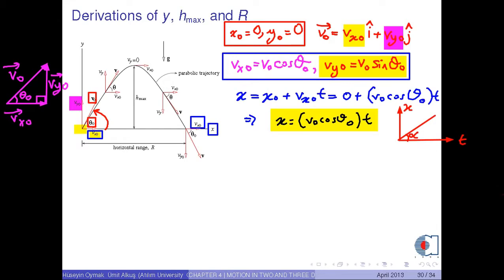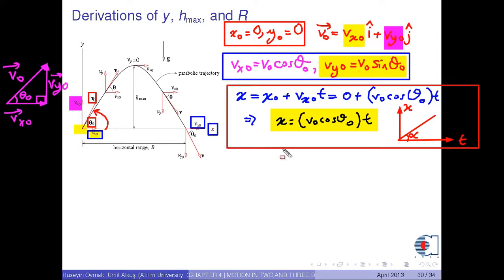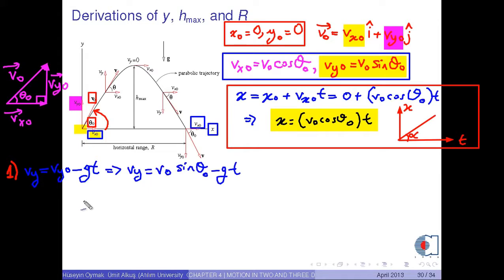The projectile's vertical motion can be analyzed by three equations. The first two are for the vertical speed. Vy equals vy0 minus g times t, that is, Vy equals v0 times sine theta 0 minus g times t. Here, the result tells us that the vertical speed Vy, which has an initial positive value Vy0 equals v0 sine theta 0, decreases as time goes on with the constant acceleration minus g.